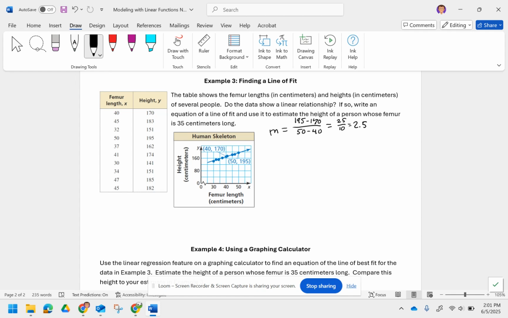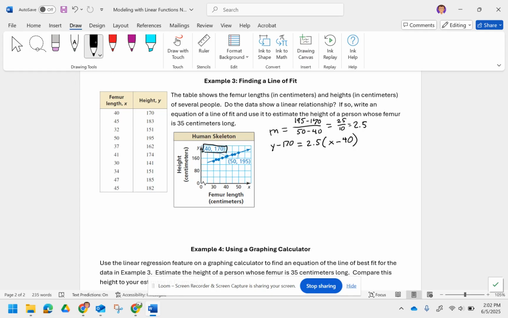Now we can use our point-slope form to find the equation. So y minus y1, let's go ahead and use those points. So y minus 170 is equal to 2.5 times x minus our x1, 40. Okay, let's solve for y.